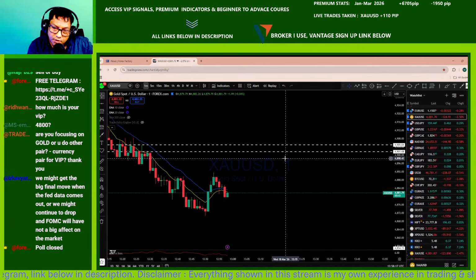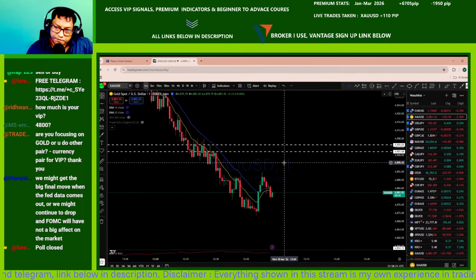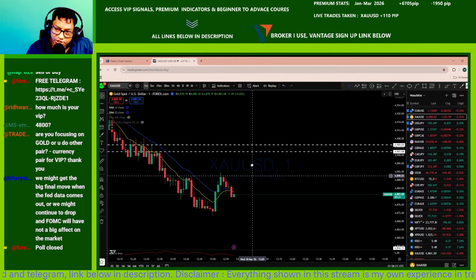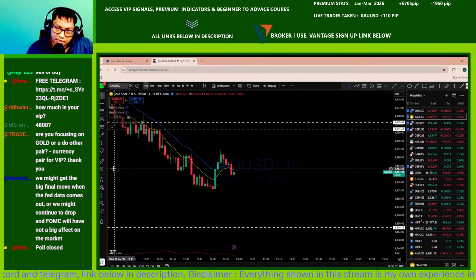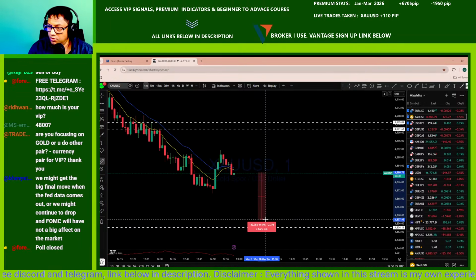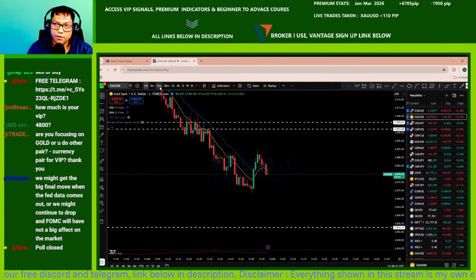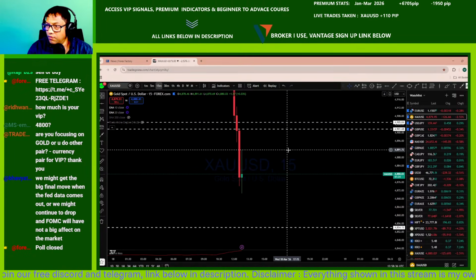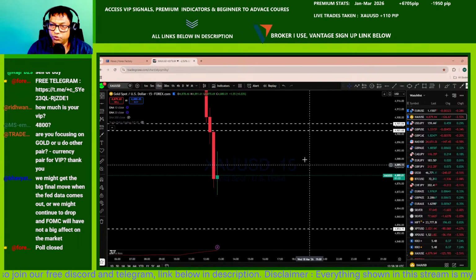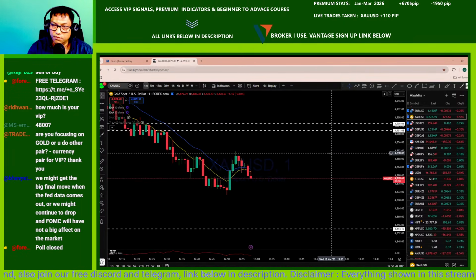Okay, so what I think here is the market might create a long wick rejection and then could fill that zone here, which is around 220 pip. The 15 minutes candle closing looks pretty weak. The last moment before the candle close is important to look at.